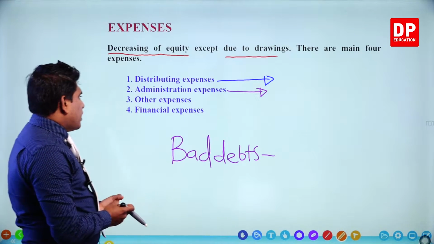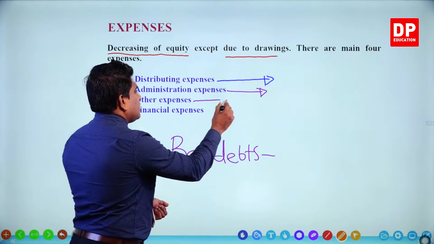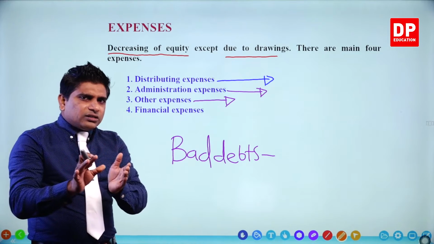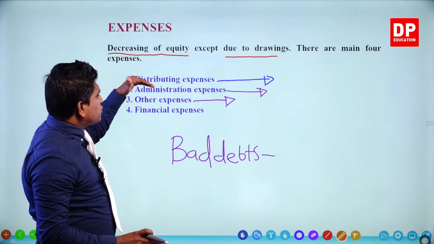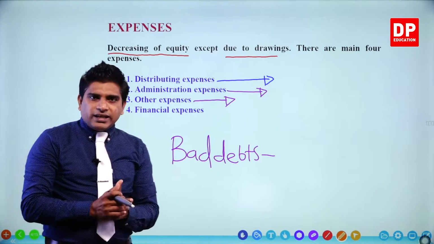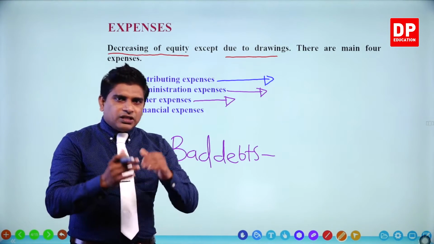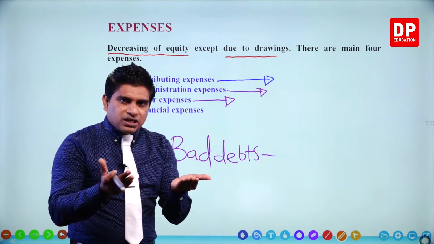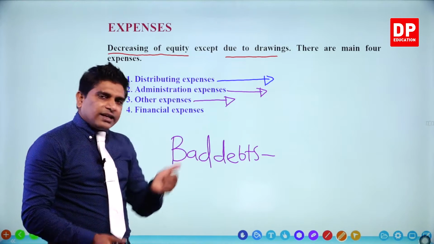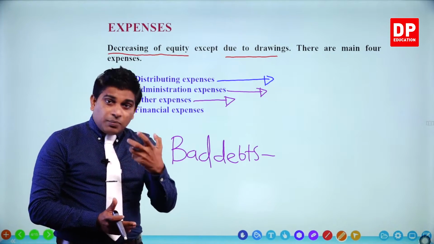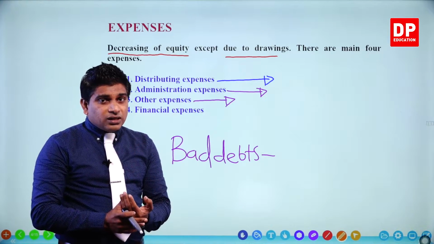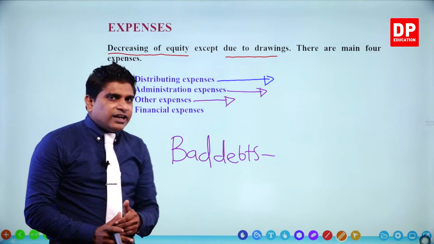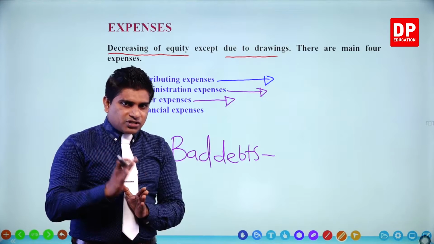The next one, other expense. Other expenses are the expenses which are not related to distributing and administration related activities. Advertising gives big support to promote sales, so it goes under distributing. Water bill and electricity bill are administration related, so they come under administration expense.